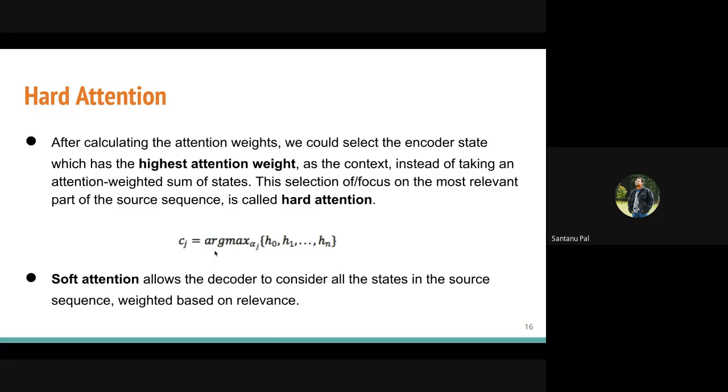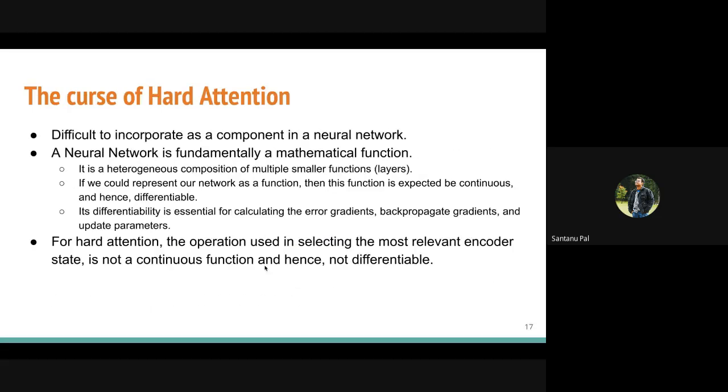Instead of taking all the summation, it chooses the best one, which is not the case for soft attention, where c_j is the weighted sum of all the hidden layers. But what is the problem here? The curse of hard attention is that it is difficult to incorporate.